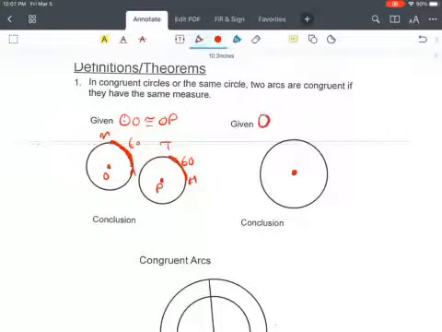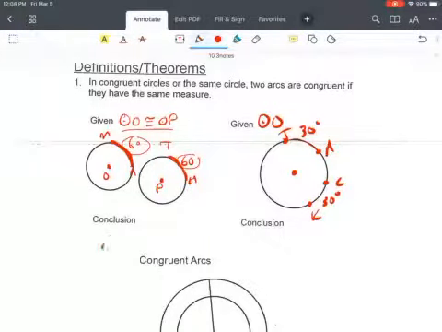Or it could be just one circle, and if I have two different arcs, the same applies. On the left, if I have 2 circles that are the same and they both have 60-degree arcs, then the measures of those arcs are the same. Same over here on the right, because it's the same circle.